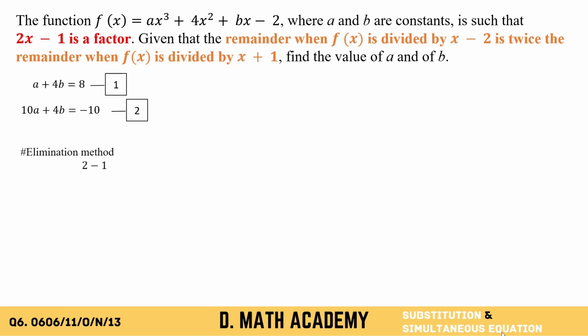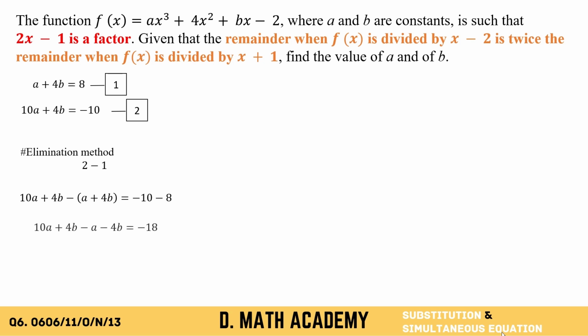For this question, I used the elimination method, but I took equation 2 minus equation 1 instead, because equation 2 has a positive and bigger value in terms of a. So 10a plus 4b minus bracket a plus 4b equals negative 10 minus 8. So the balance will be 10a plus 4b minus a minus 4b equals negative 18.